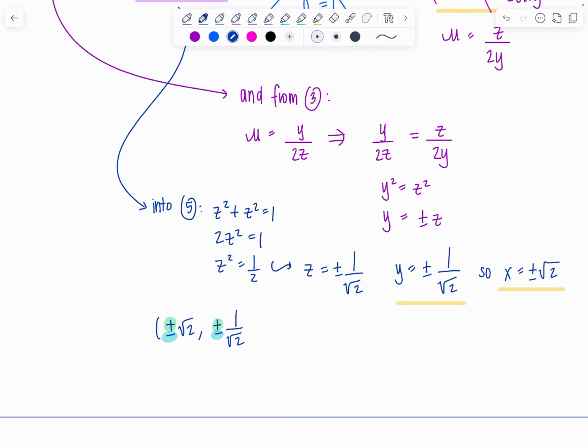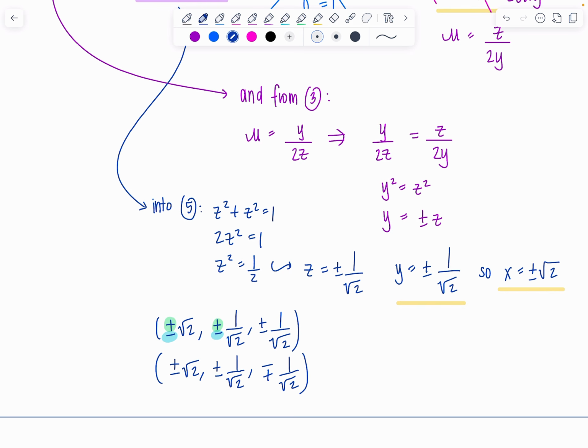And then z could also match the same signs, plus or minus 1 over rad 2. Also, x could be plus or minus rad 2. Y has to have the same sign, but z could have the opposite sign as y. Z could be minus plus 1 over rad 2. This is legitimate notation, okay? That way I'm not sitting there writing out so many ordered triples.